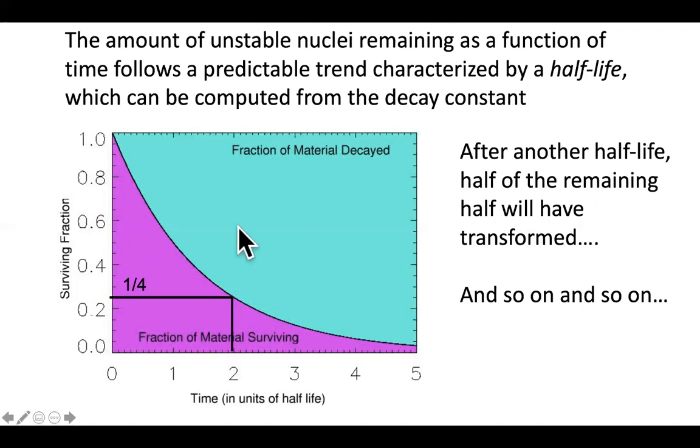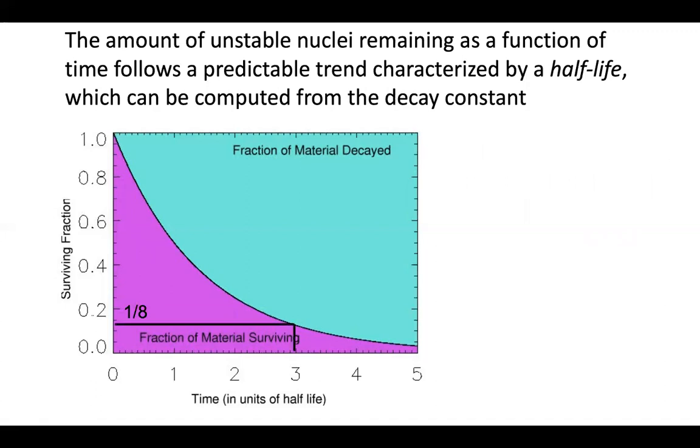As we go another half-life, half of this remaining quarter will survive, and so there'll be an eighth. Another half-life, a 16th. Another half-life, a 32nd. So the amount of material left gets smaller and smaller, but never entirely goes to zero.